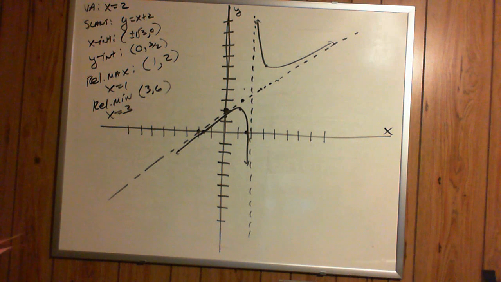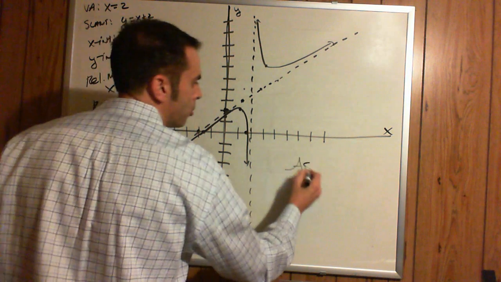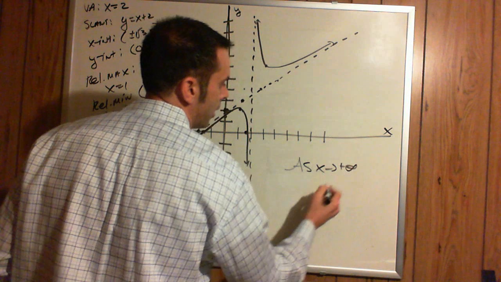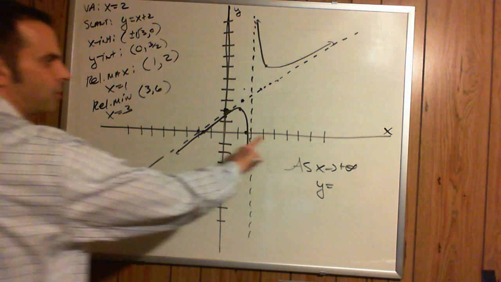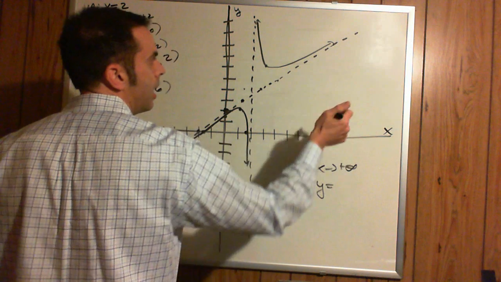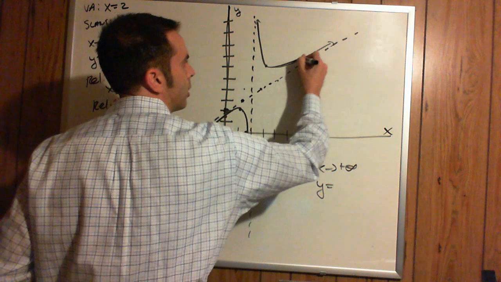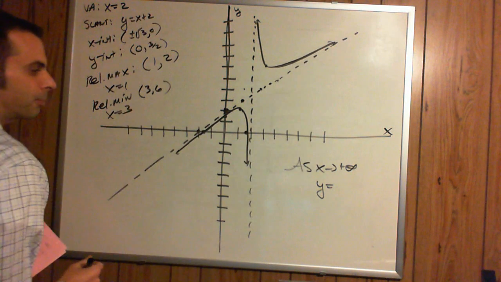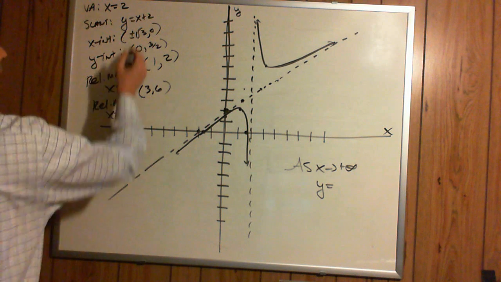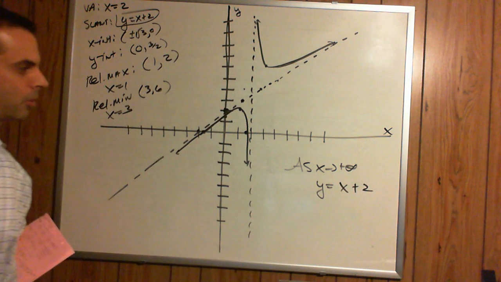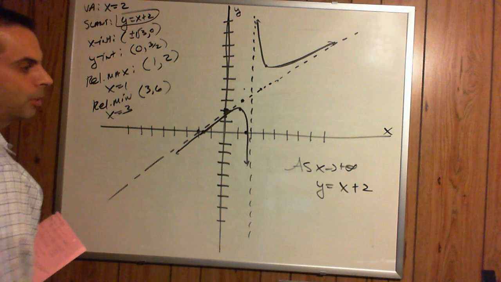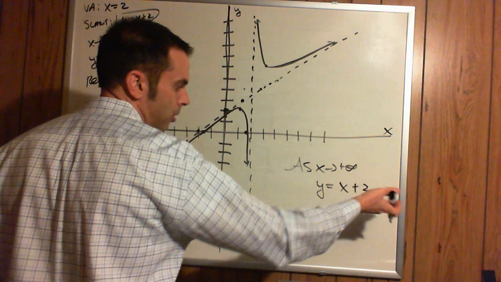Remember, what's interesting about this graph as well is as x approaches positive infinity, we pretty much know what the y's are tending towards. As x goes out to positive infinity, the y's are approaching the y's on this line. So if we remember that that line is given as y equals x plus 2, out at 1,000,000, the y value is about 1,000,002.